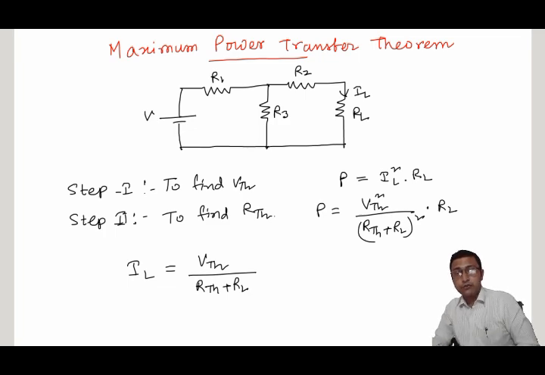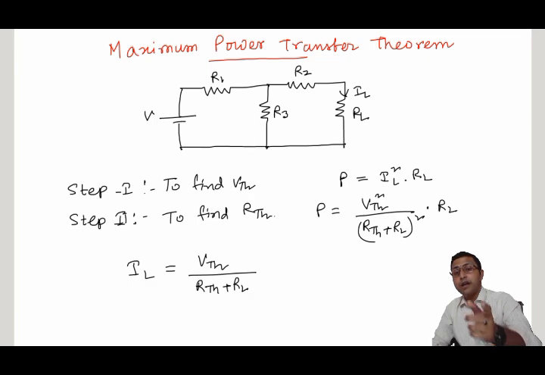Next, we have to find out what will be the condition to obtain the maximum power from the given circuit. So to find the maximum condition, from our previous knowledge of class 11 or class 12 science, to get the maximum condition we have to take the first order derivative of the equation of P with respect to whom?